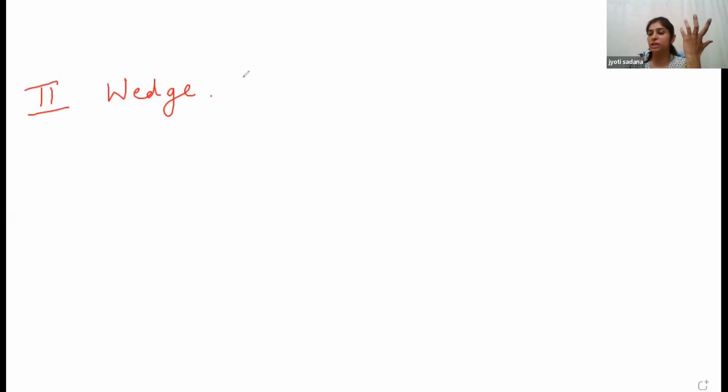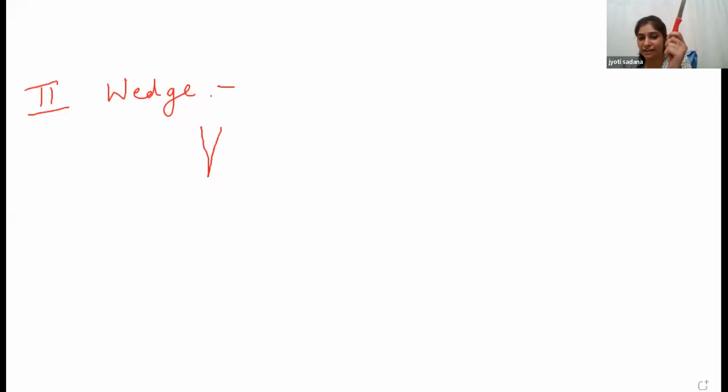But what is actually a wedge? A wedge is when two inclined planes are joined together. Inclined planes are what? Two slanting things. So two inclined planes joined together, where one side is sharp and the other is blunt. For example, I have this. What is this in my hand? Knife.